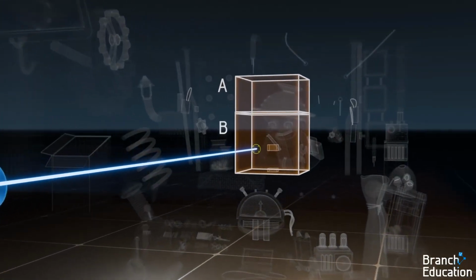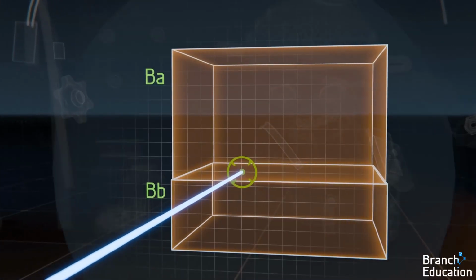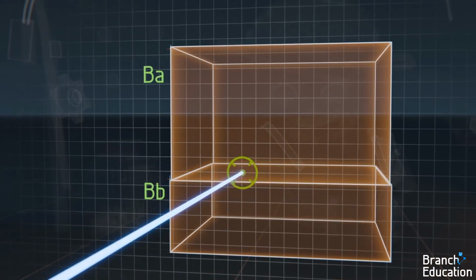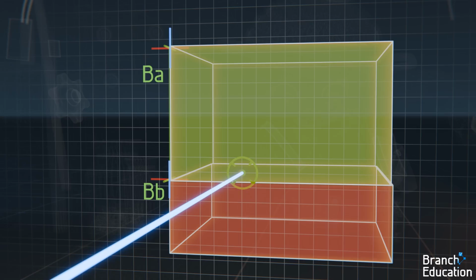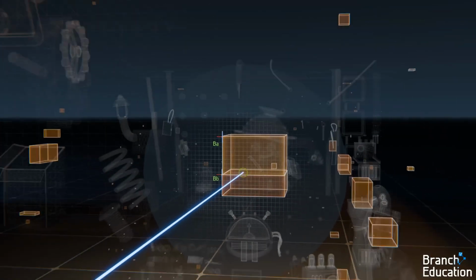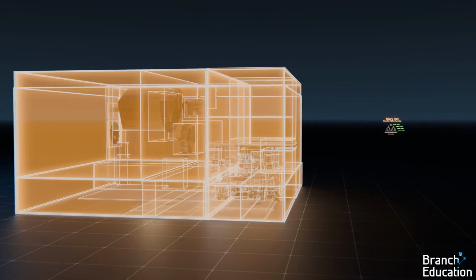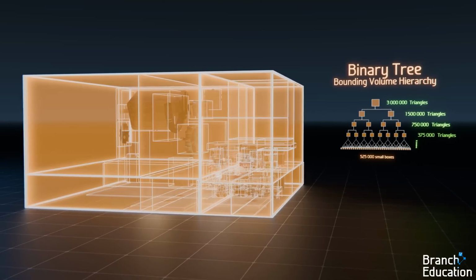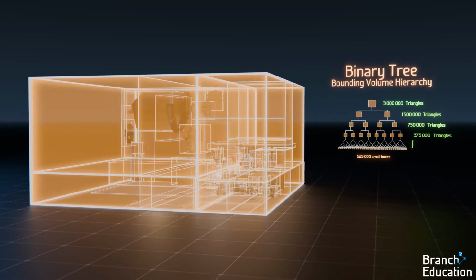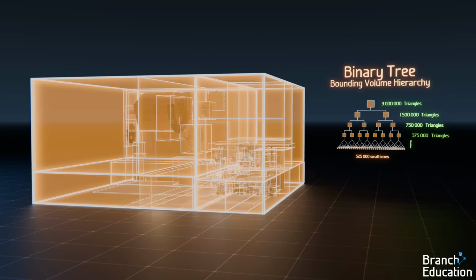Then we do the same thing inside box B, but using the axis-aligned coordinates of the two smaller boxes inside of it. For a scene of 3 million triangles, these 19 box-divide branches form a binary tree or hierarchy, hence the name bounding volume hierarchy.